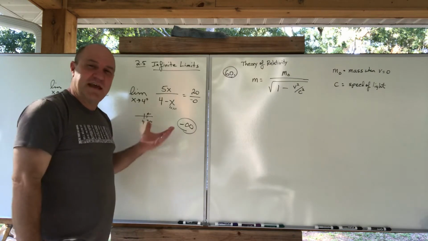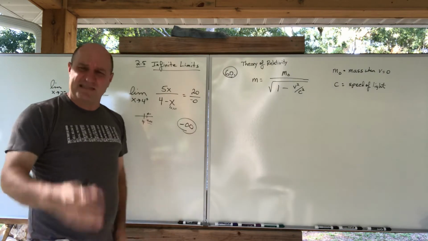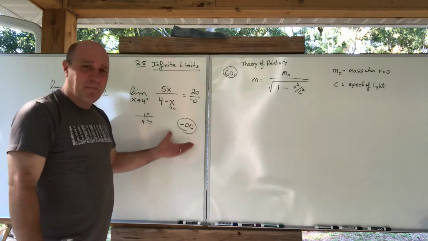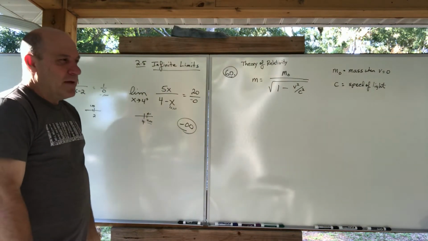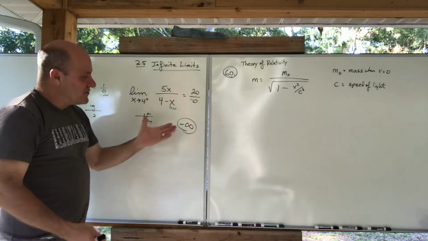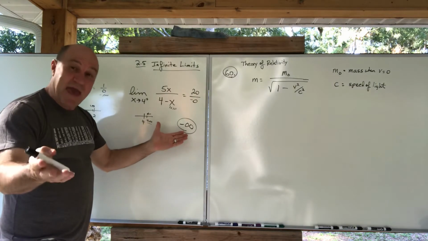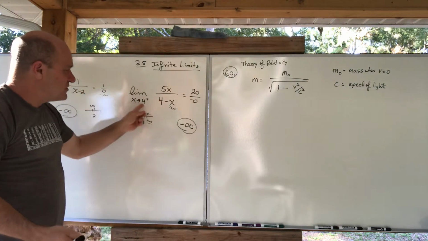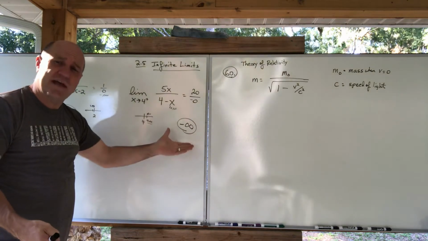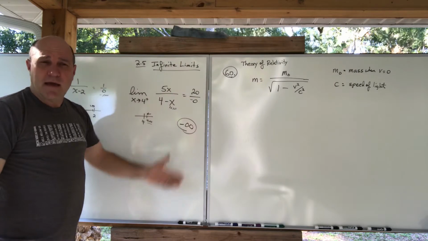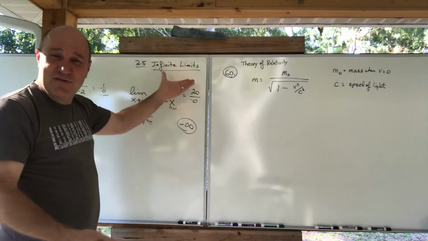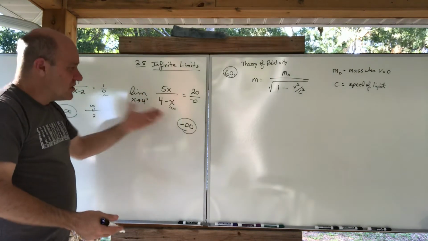At first they say an infinite answer does not exist, and I see their point. It's not a number that you approach. But by telling me the answer is negative infinity, you're telling me the behavior of the graph as x approaches 4 from the right. So I want to know the answer is negative infinity. I don't want the answer DNE. And they don't either. Once they move into 2.5, they start talking like this.